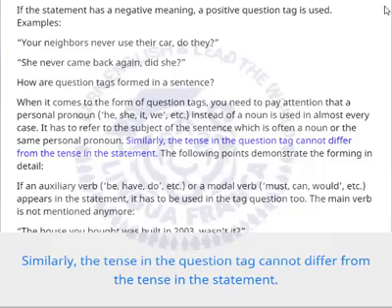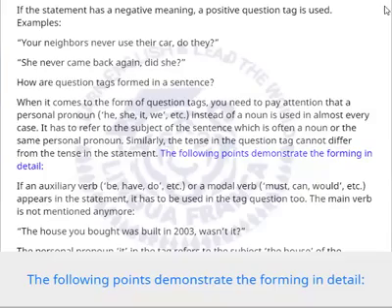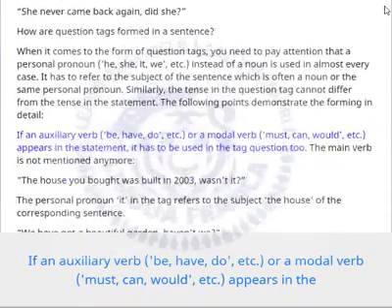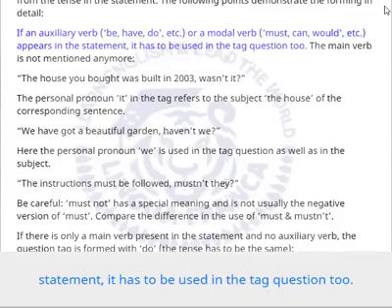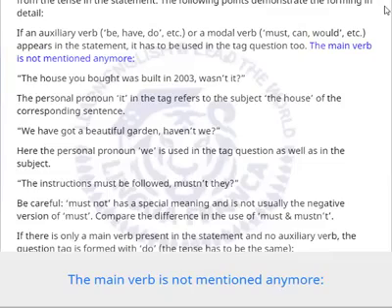Similarly, the tense in the question tag cannot differ from the tense in the statement. The following points demonstrate the forming in detail. If an auxiliary verb, be, have, do, etc., or a modal verb, must, can, would, etc., appears in the statement, it has to be used in the tag question too. The main verb is not mentioned anymore.